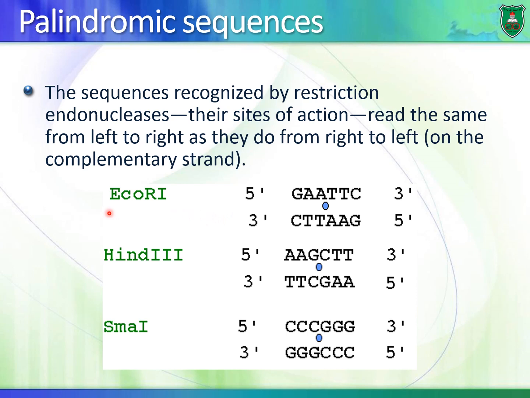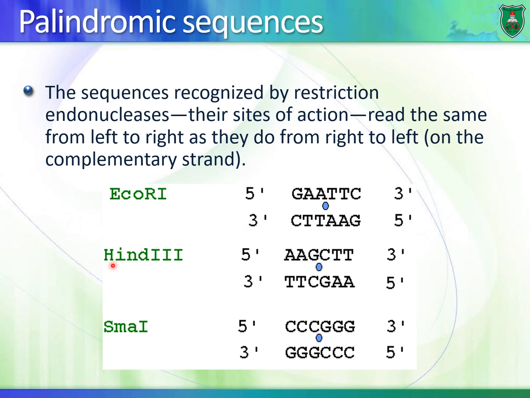EcoR1 is one type of restriction endonuclease, very famous. We talked about it before, and I said that EcoR1 recognizes this sequence, GAATTC. If you look at the opposite complementary strand, notice that the sequence is exactly the same, GAATTC, again reading from 5' to 3'.